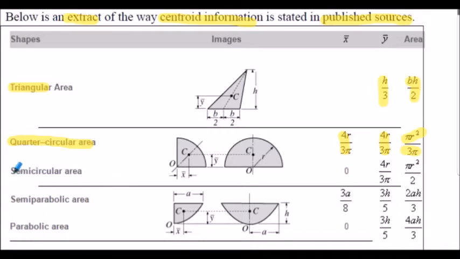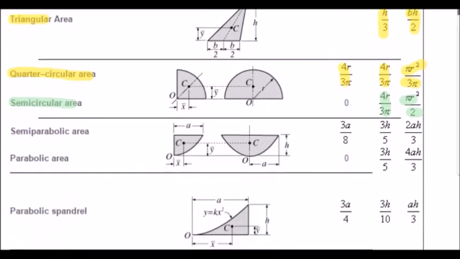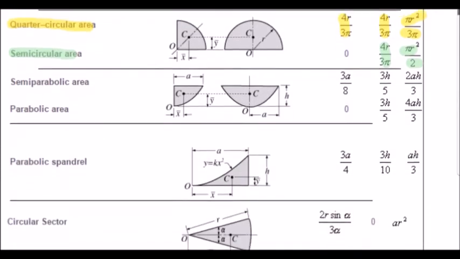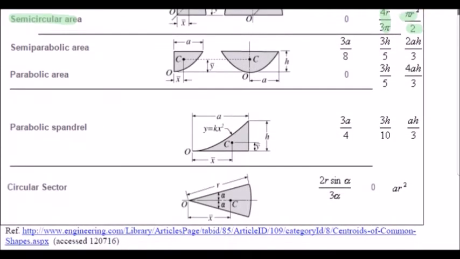Here we have a semicircular area where we have a y bar location and the area of a semicircle formula. And you can see there's various other shapes that are given here with the locations of their centroids and their areas. This is just a reference to indicate that there are standard formulas, standard tables that we often access when requiring to evaluate the centroids of particular sections.